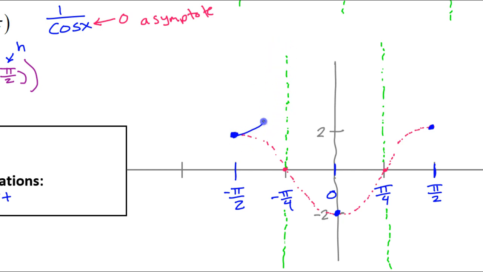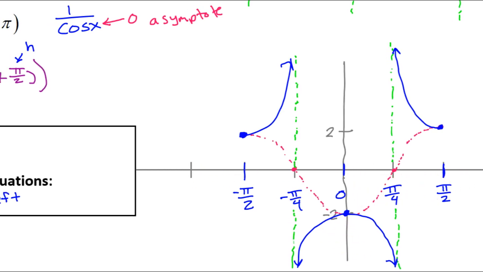So we should be approaching the asymptotes like this. Okay, that is what one period of the secant function looks like.